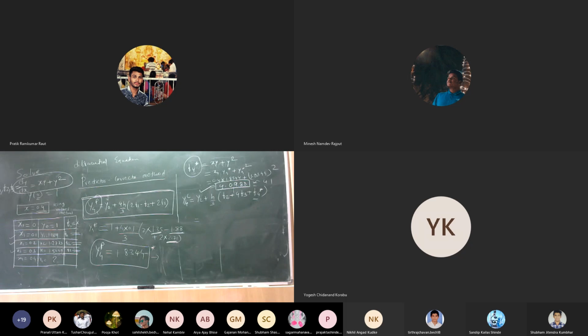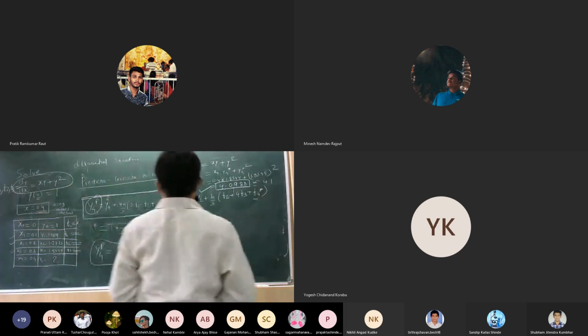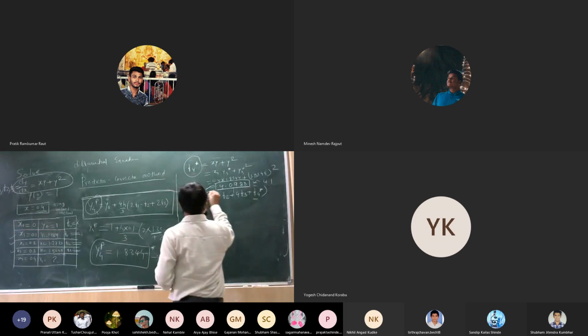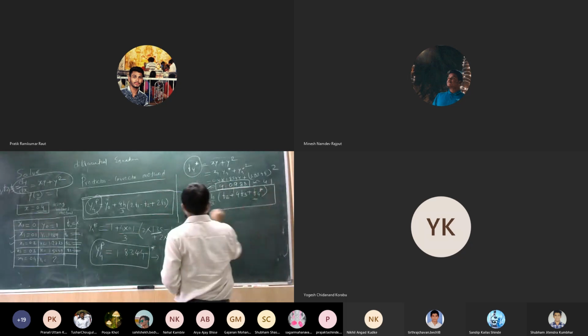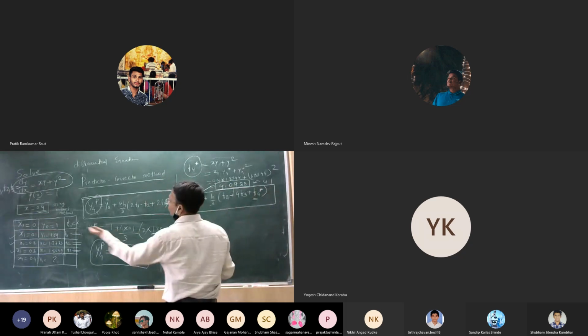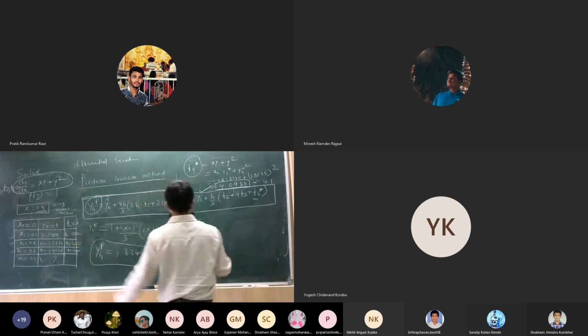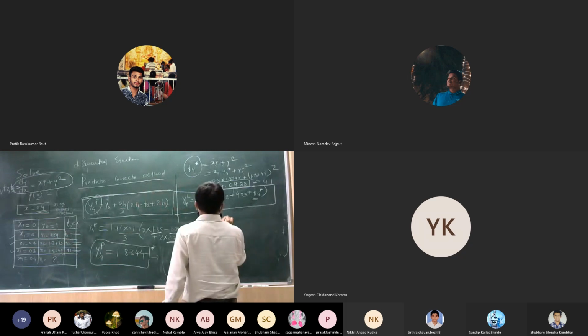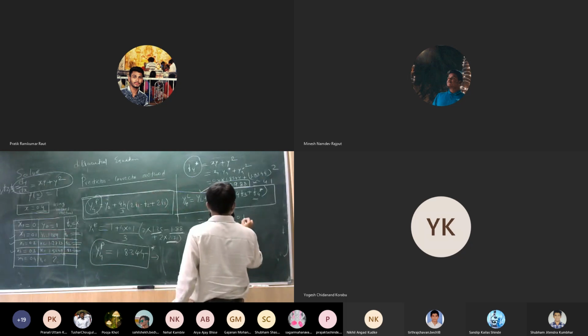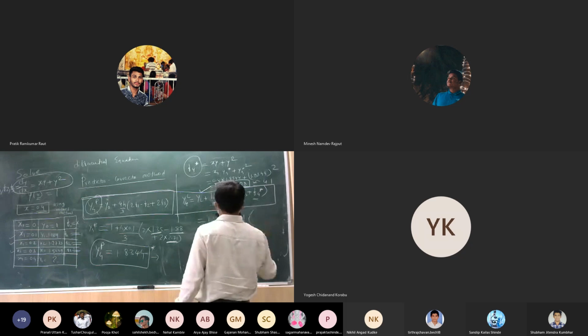y4 corrector. Use this formula. This is the second formula. That is what? y2. y2 is what here? 1.2737, h by 3, 0.1 divided by 3.